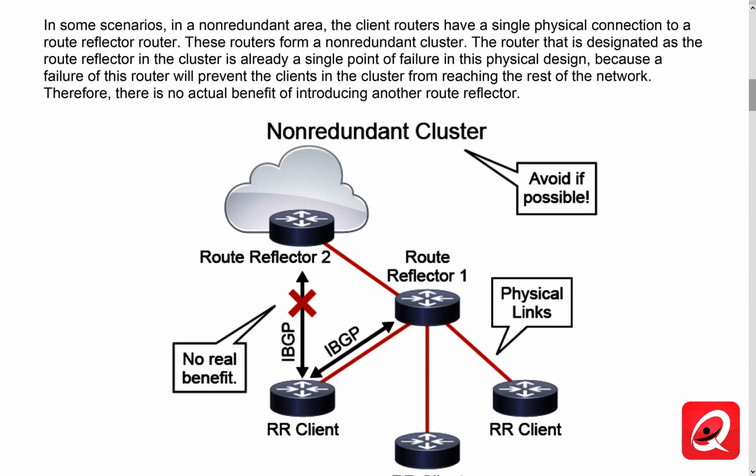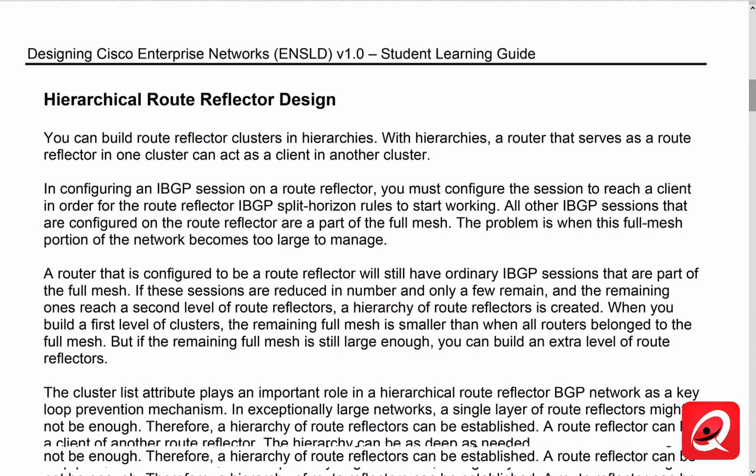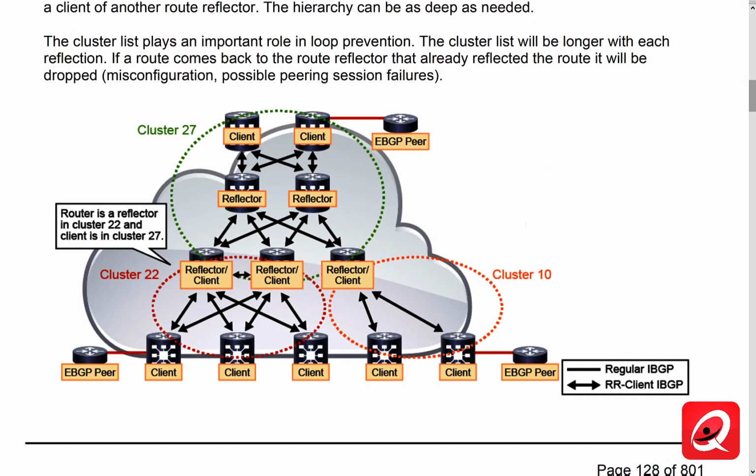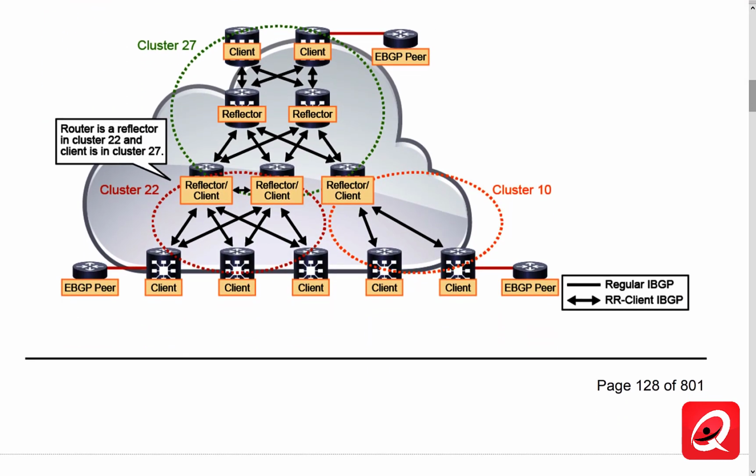All right. We can also create what we call a hierarchical route reflector design. We kind of see a representation of that right here, where we build route reflector clusters in a tiered architecture or hierarchy. With this hierarchy, we have a router that serves as a route reflector in one cluster, but it acts as a client in another cluster.